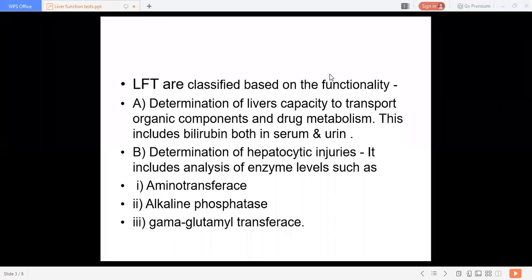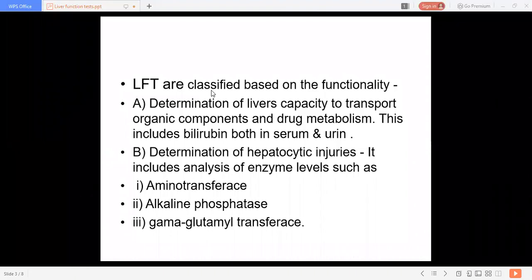This particular function gets evaluated by bilirubin tests, both in serum and in urine.